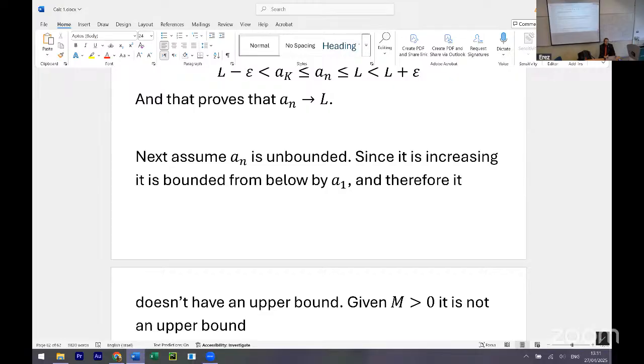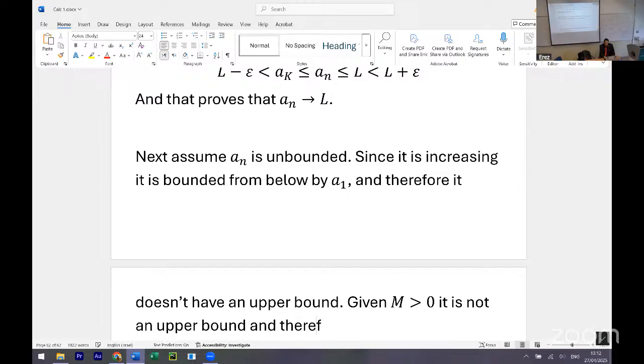It's within the sequence. Not within. We talked about this with sets; we don't say "within the set." What does it mean that a number is not larger than every element of the set? There is an element in the set which is larger than M.